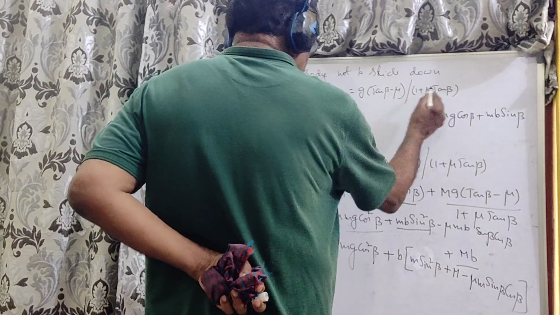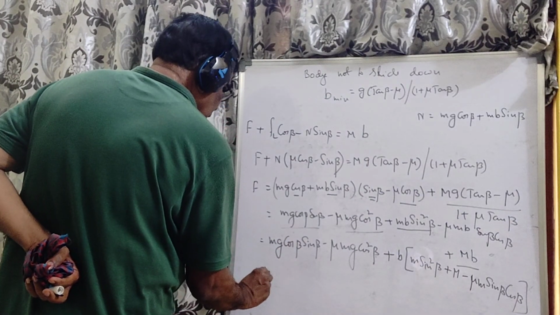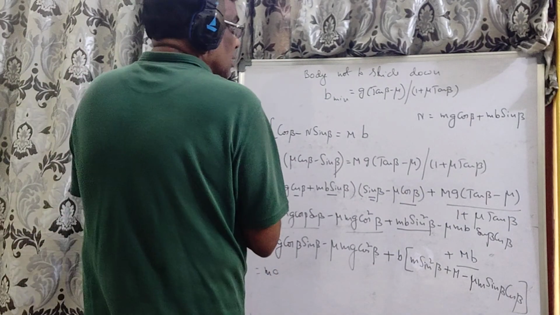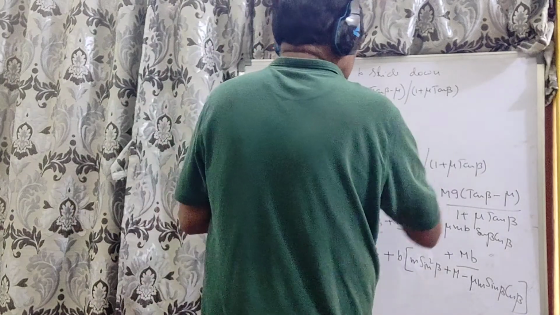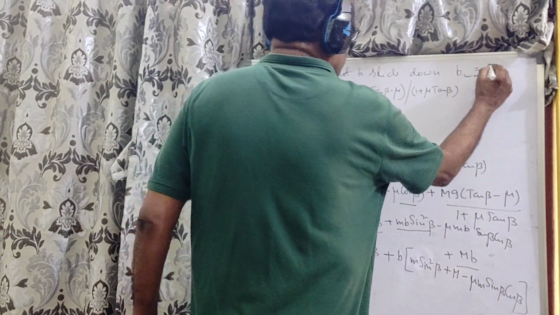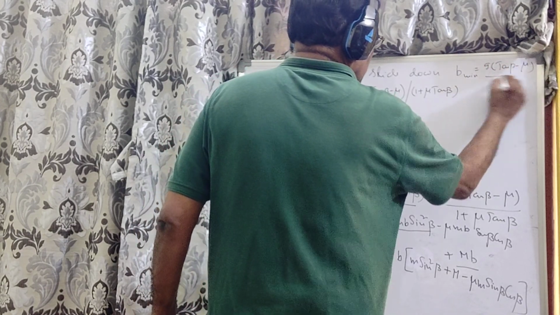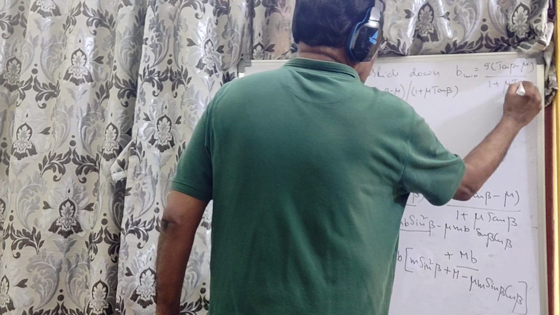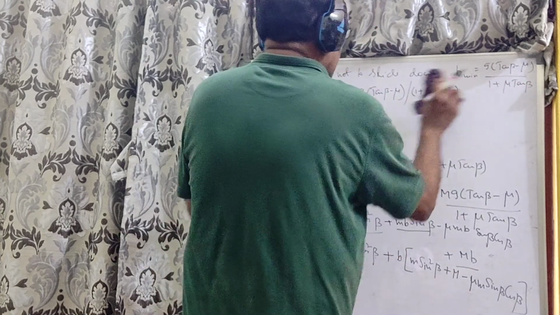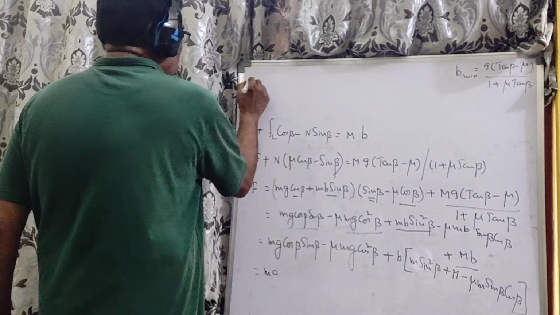And for B minimum, you have to substitute this. So I can write, I think somewhere you have to have this B minimum: G into tan beta minus mu by 1 plus mu tan beta. Okay. Now substitute all this here.